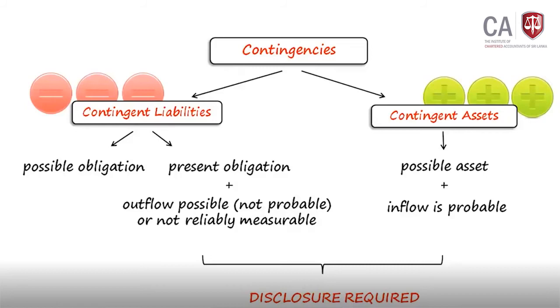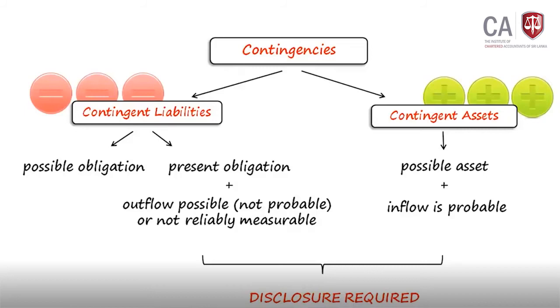Contingent means you cannot establish the amount of economic benefit that will flow out from the organization. That is, there is no reliable estimate on that. And the future events also are not probable, maybe possible but not probable.